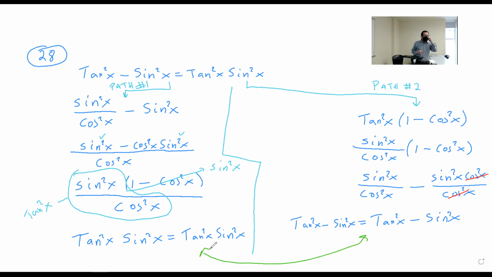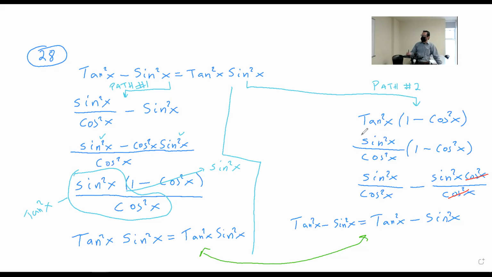How did you get from step 2 to step 3? From here to here. Okay, so this part is understood, right? The tangent, I'm making that sine divided by cosine, and the sine squared, I'm making it 1 minus cosine squared.